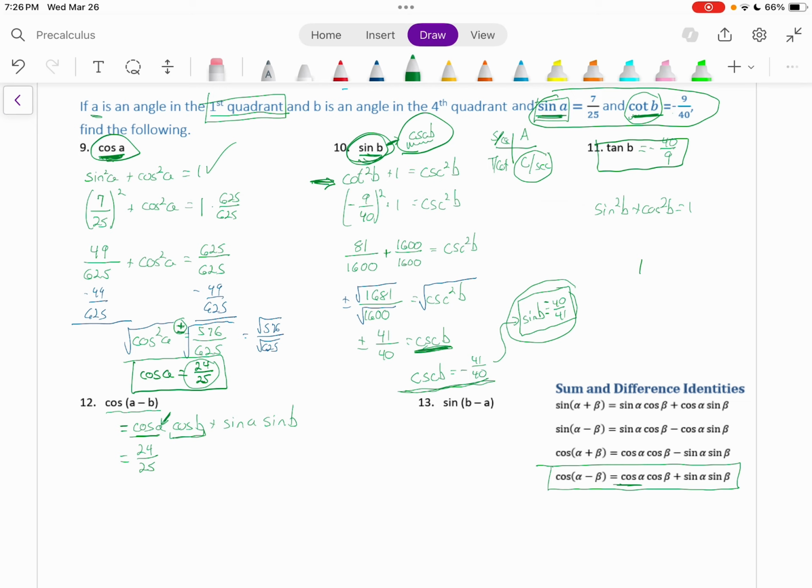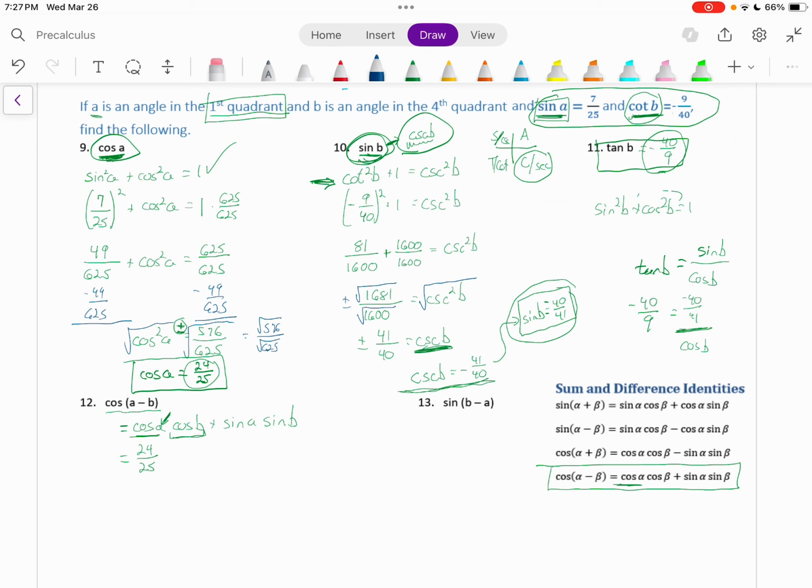So we know that tangent of b equals sine of b over the cosine of b. So this one might even be better. So tangent of b is negative 40/9. Sine of b is negative 40/41 over cosine of b.